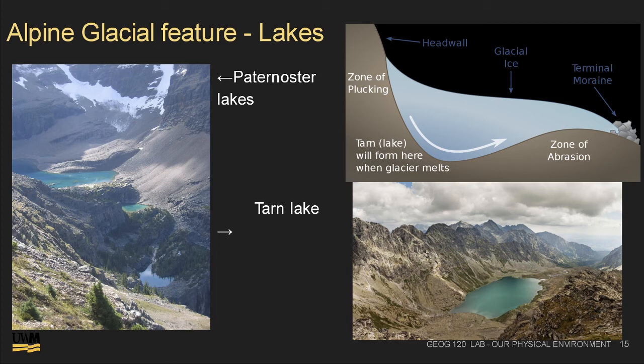And of course, as these glaciers carve out depressions in the valleys, that hole could fill with water. Liquid water may become trapped there and form these lakes. So this is how, in the top right here, this diagram would show how the glacier would move.